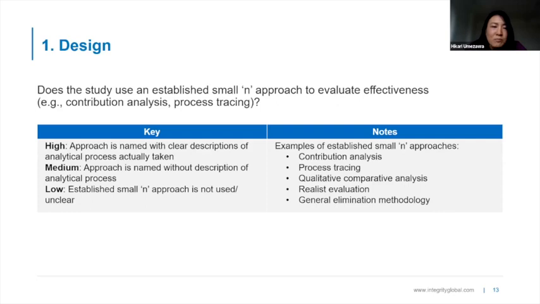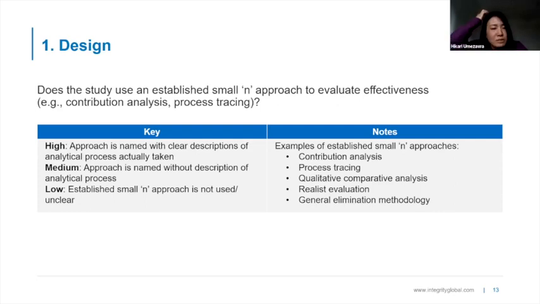The answer could be high if the study names an approach and also presents a clear description of the analytical process, the process the researchers actually take. The answer would be medium if an approach is named, but the study doesn't include a description of the analytical process, and low if the study doesn't use any such approach, or if it's not clear from the paper.